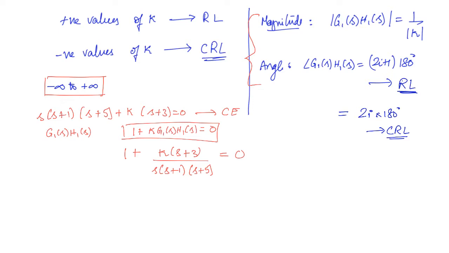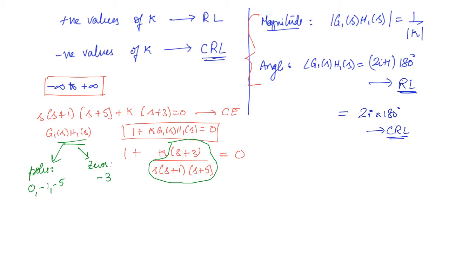So what will be g1 of s, h1 of s? This part will be g1 of s, h1 of s. What are the poles here? The poles of g1 of s, h1 of s are lying at 0, -1 and -5. And the zeros, there is one zero at -3.